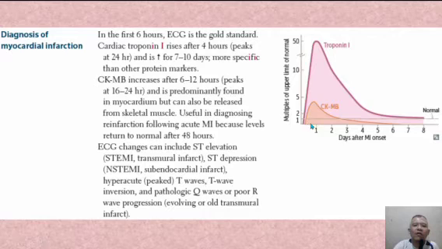CKMB rises more or less at 3 hours. Here it's written 6 hours. And it probably goes back to normal after 2 to 3 days. However, troponin rises much the same, at 3 hours, then goes back to normal after 2 weeks, which makes troponin the most specific marker for myocardial infarction.